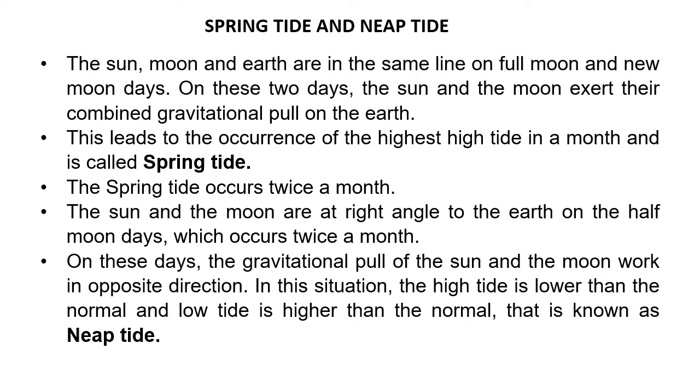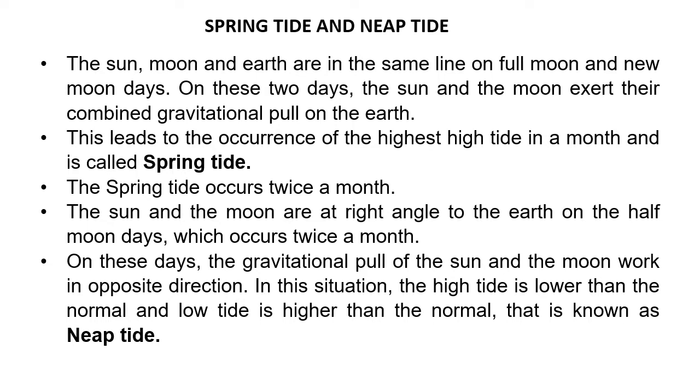The sun, moon and earth are in the same line on full moon and new moon day. That means Purnima and Amavasya. On these two days, the sun and the moon exert their combined gravitational pull on the earth.